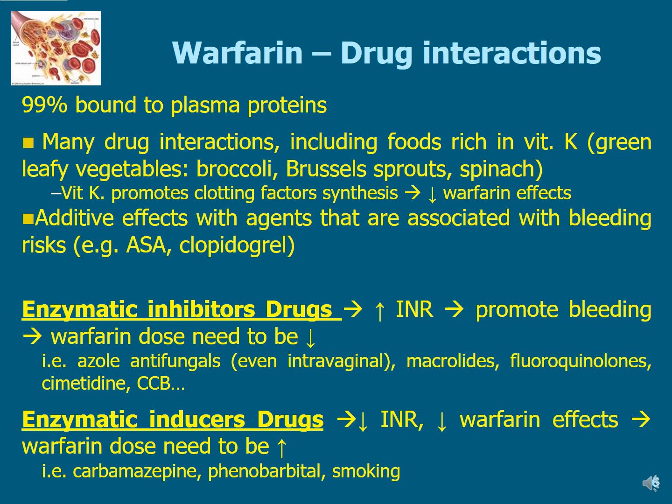Now you also have the enzymatic inducers, and in that case, inducer means they are going to increase the metabolism of warfarin. So warfarin is going to spend less time in the system.